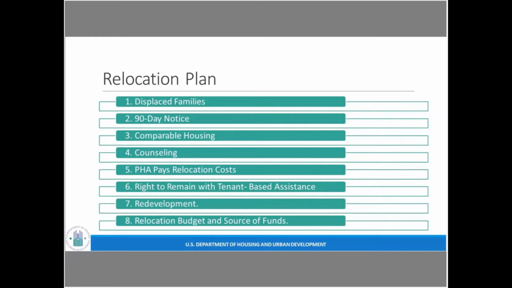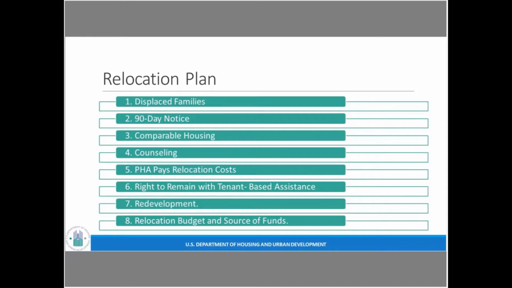I think those are the principal differences. So again, a little different, but a lot of similarities. And in terms of relocation cost, under the URA, housing authorities have no ability to provide for security or utility deposits, but under the Section 22 language of actual and reasonable relocation expenses, there's a little more flexibility, and they can provide for those kinds of expenses should they choose to do so.